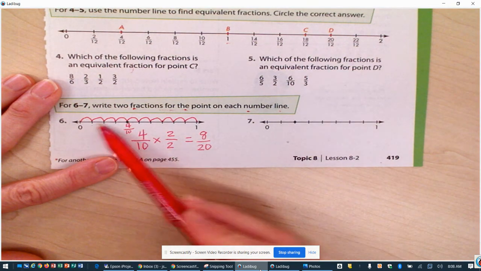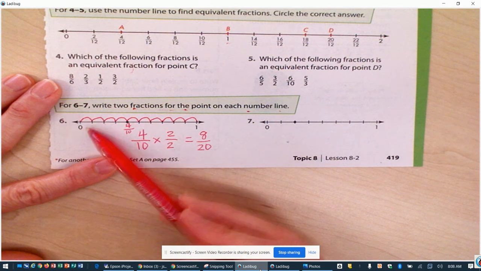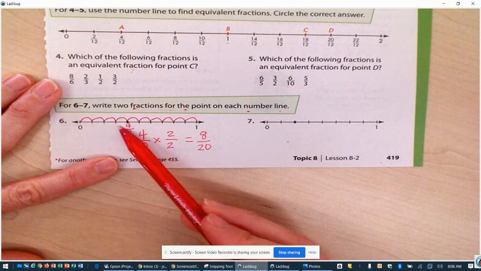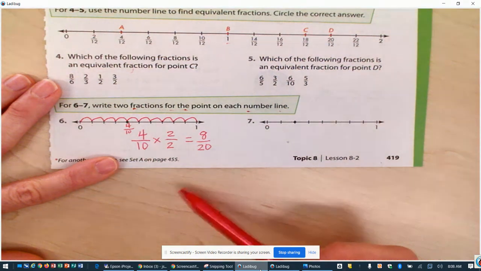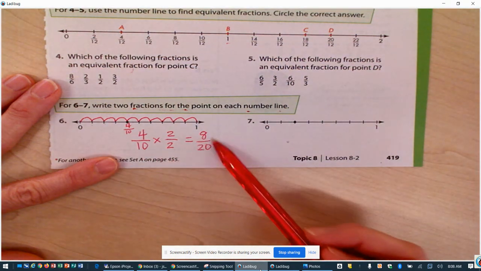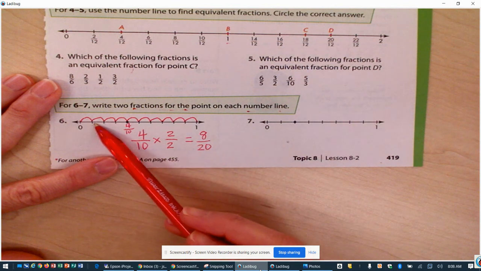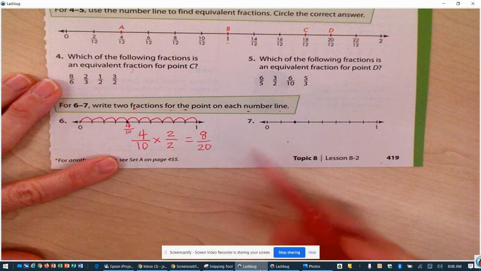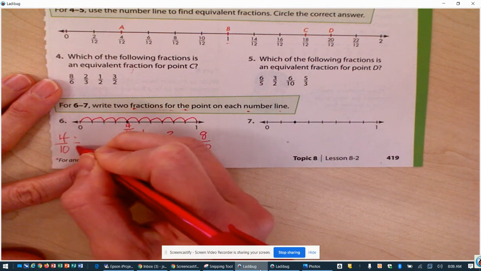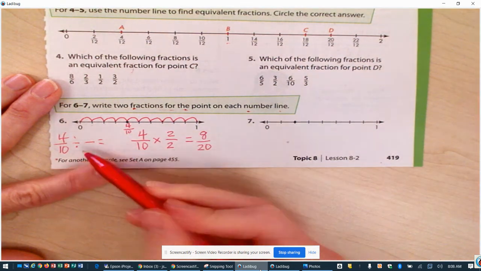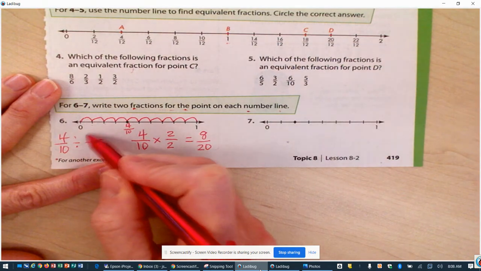And if we wanted to show this on the number line, we would have to break each section in half. And that's kind of tricky when it's small like that. So I'm not going to do that to get you confused on the number line. But it would show 8/20 if we broke each of these pieces in half. Another way we can do this is by taking 4/10 and dividing by the same numerator and denominator. So again, I'm just going to use 2.